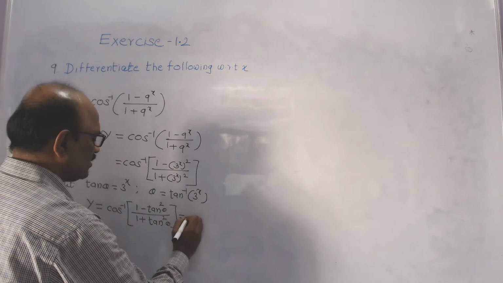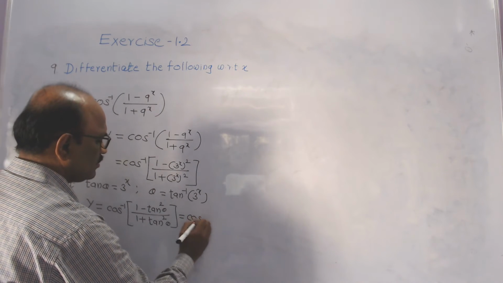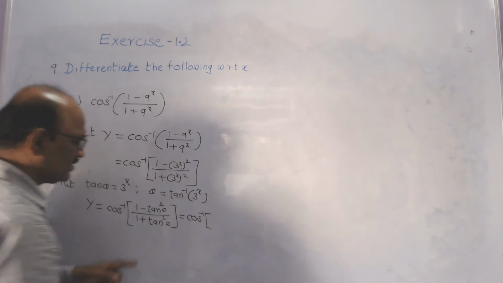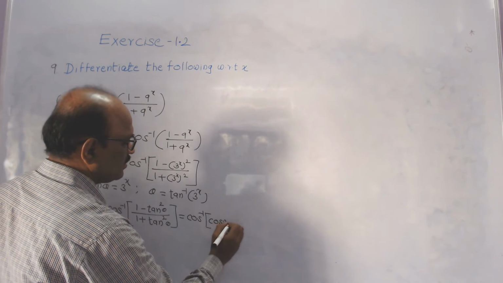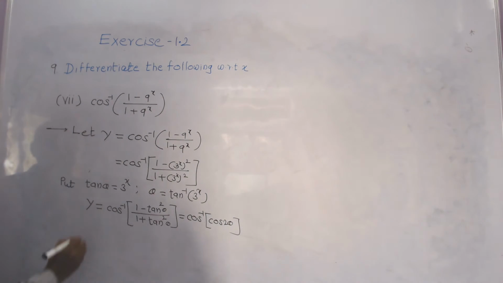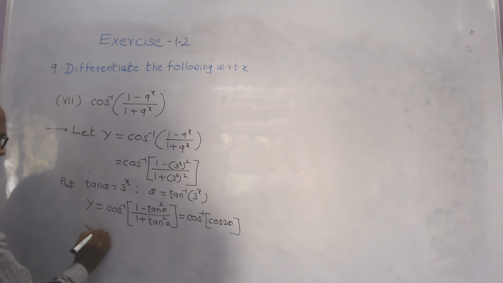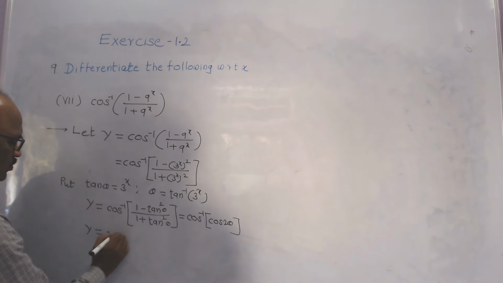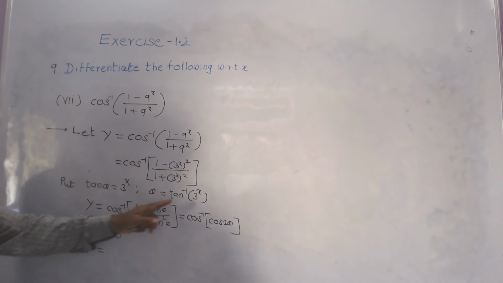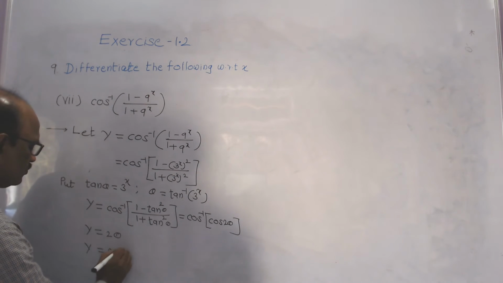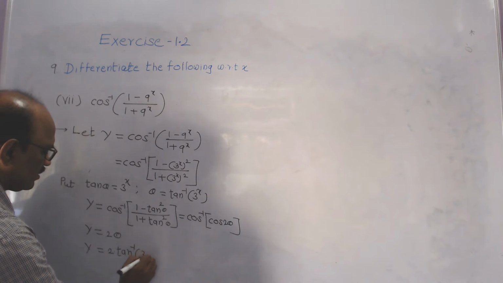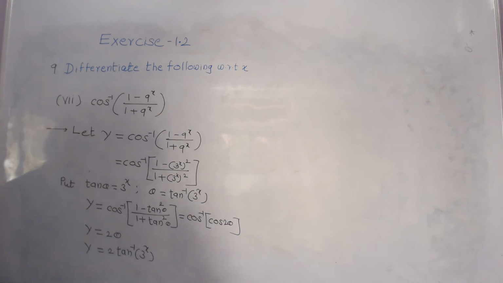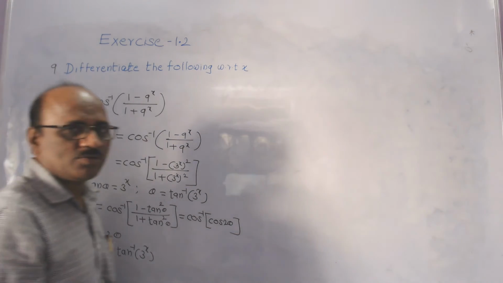This is nothing but the expansion of cos of 2 theta, and cos inverse of cos of 2 theta is equal to 2 theta. Therefore y is equal to 2 tan inverse of 3 raised to x.